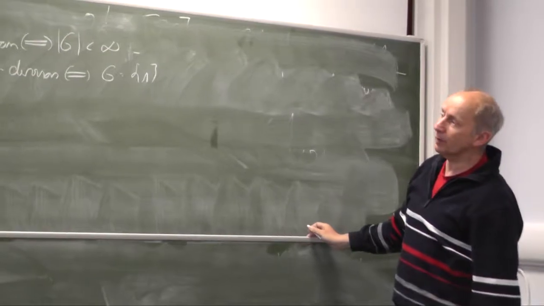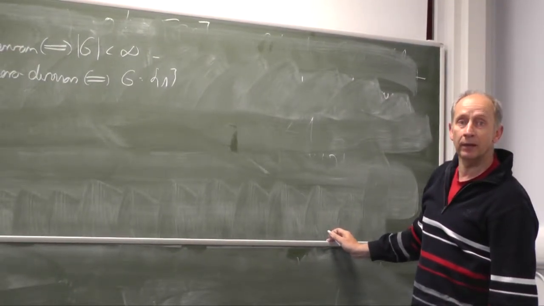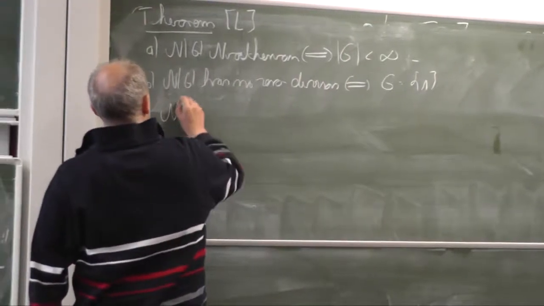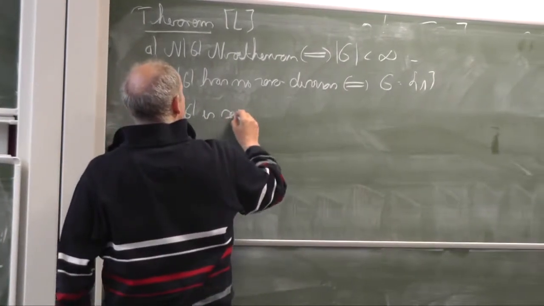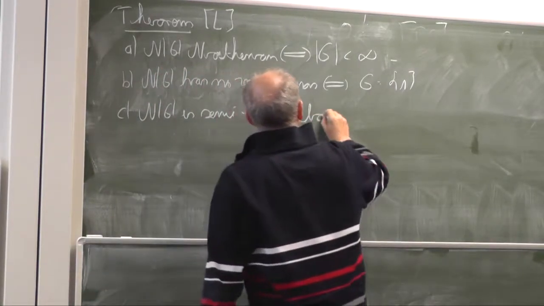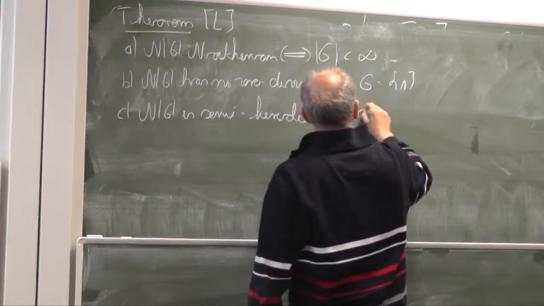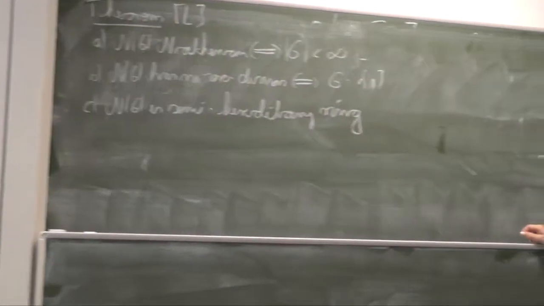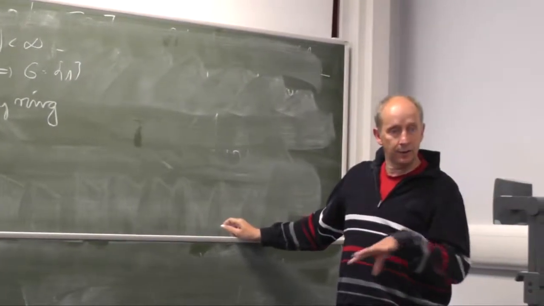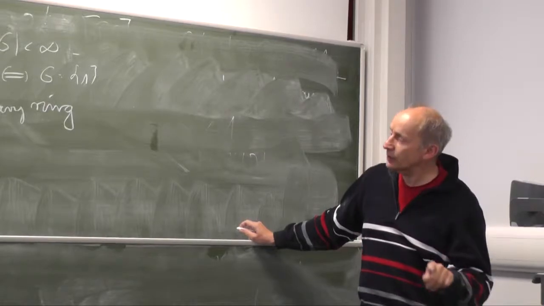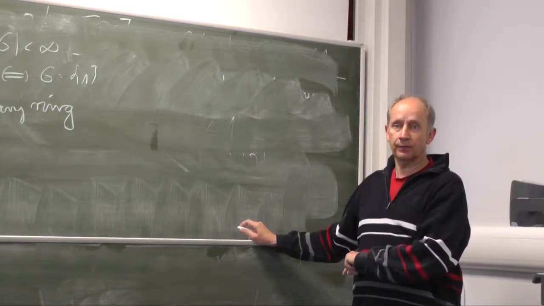So what is the good thing about the integers? It's a principal ideal domain. And that survives in the sense that N(G) is the so-called semi-hereditary ring. Recall what the principal ideal domain is. It means any ideal is free, with one generator, and this means simply any finitely generated ideal is projective.